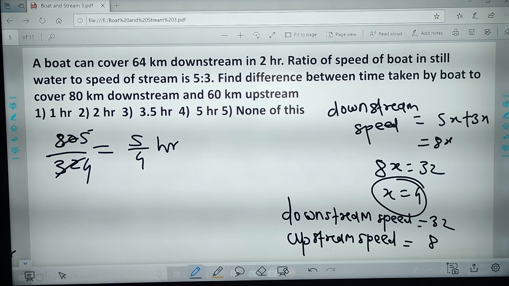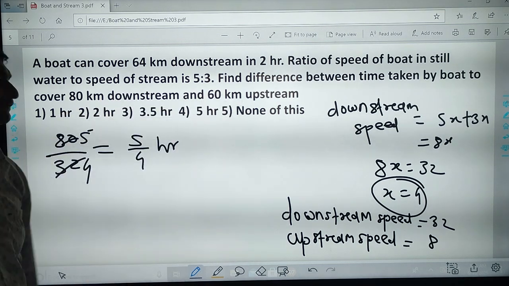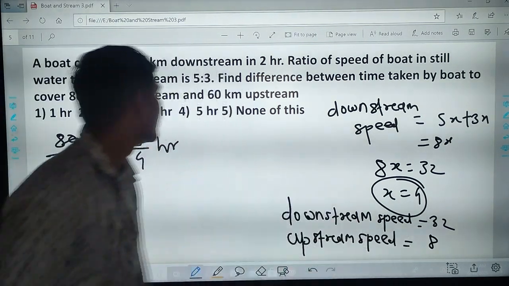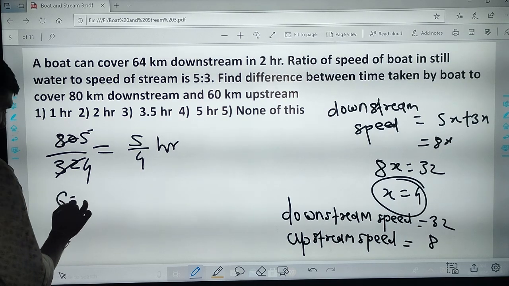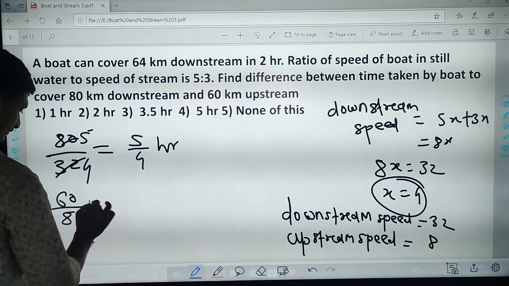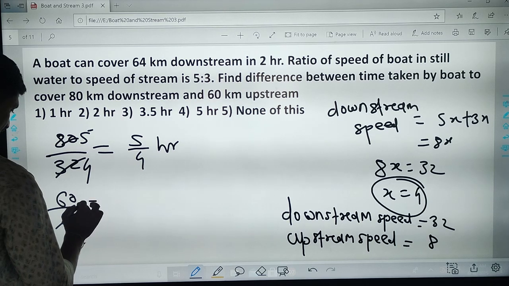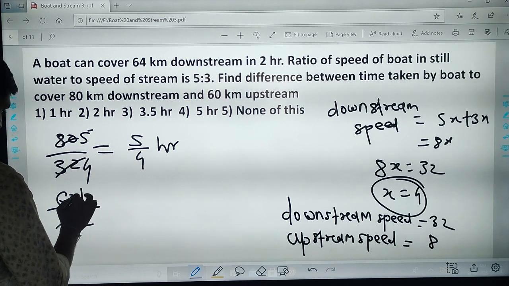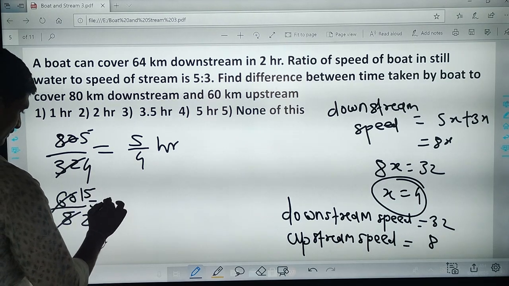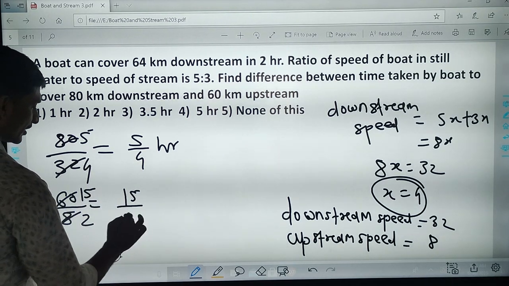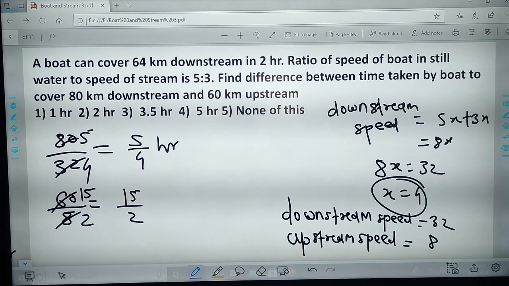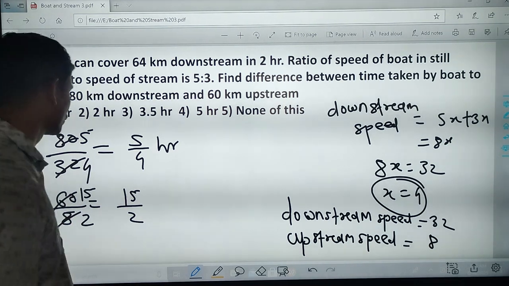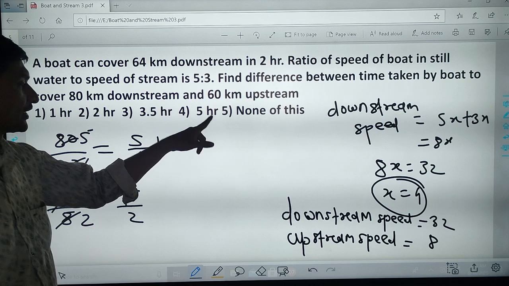Then time required to cover 60 km upstream, upstream speed is 8, then 60 upon 8, that is 15 divided by 2. Then the subtraction of these two.